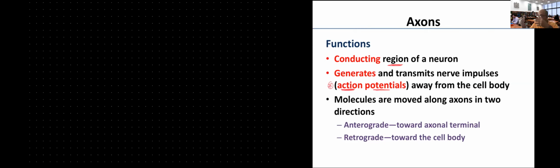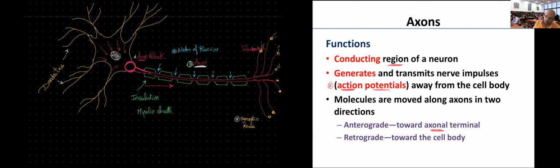Molecules can move along the axon in two directions. If I am moving towards the axon terminal, this means I'm moving from the cell body towards the terminal ends of the axon, we call this an anterograde movement.